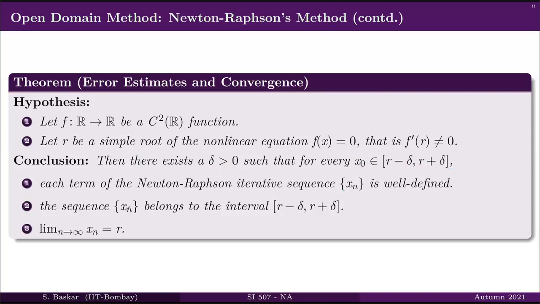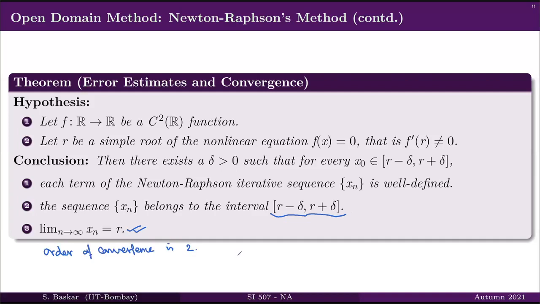Further, the sequence xn is contained in the interval r minus delta to r plus delta, and also the sequence xn converges to r. In fact, we can also show the order of convergence of the Newton-Raphson method to be 2. That is, Newton-Raphson method has quadratic convergence.